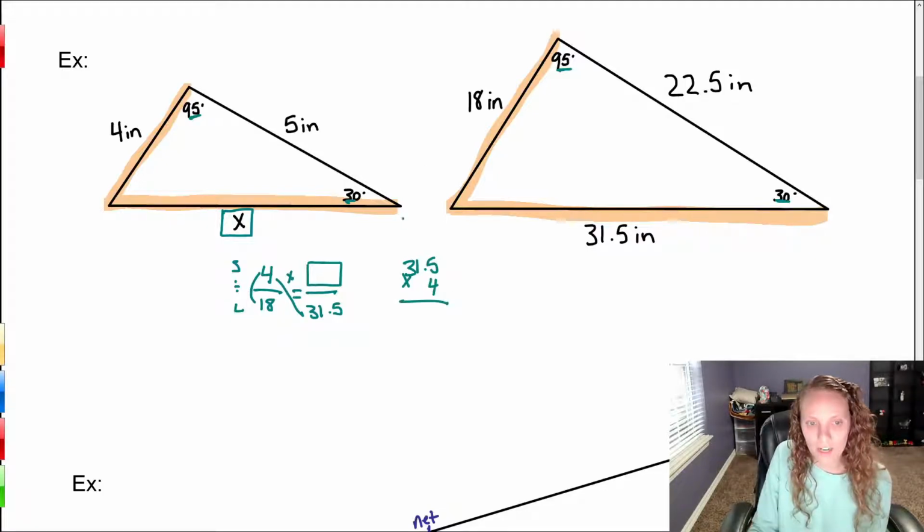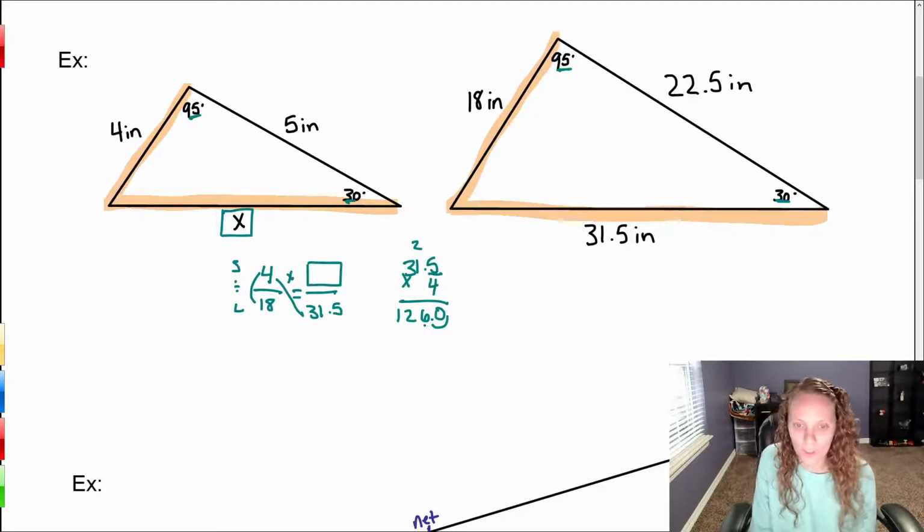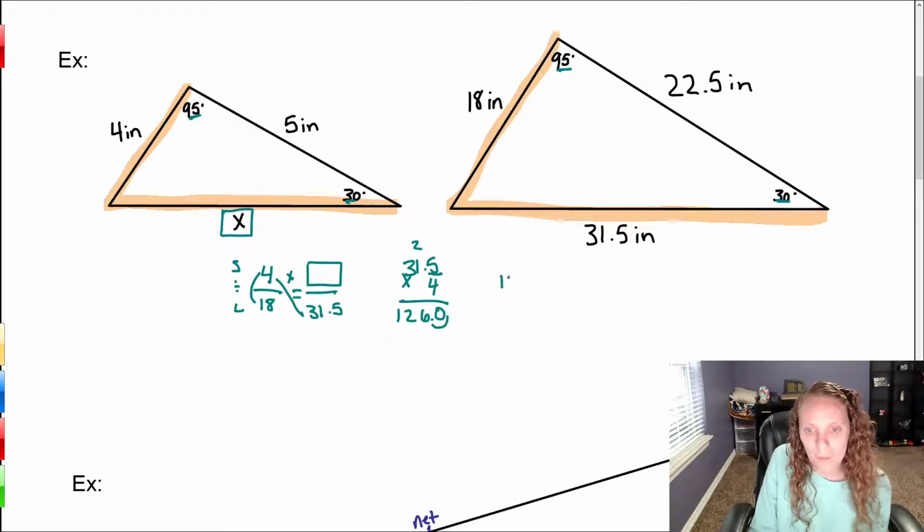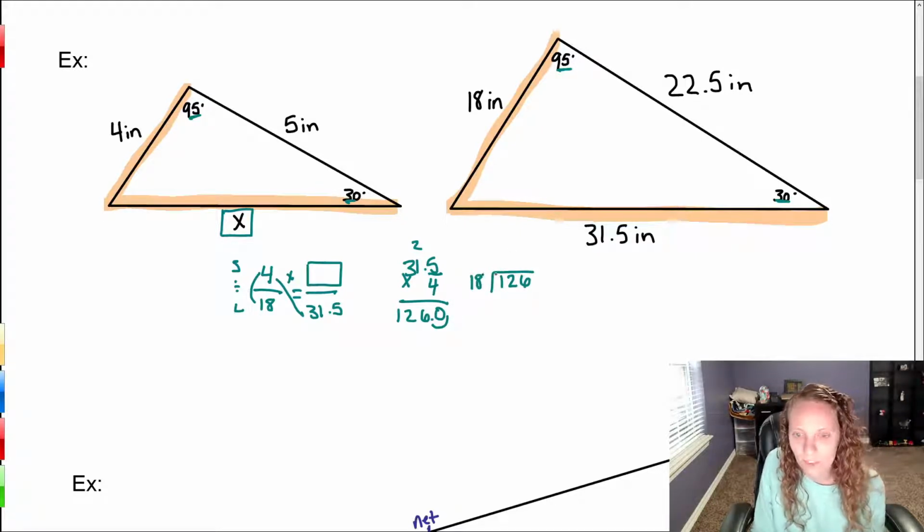So 31.5 times 4 first. And I see one number after the decimal, so we're going to place the decimal one number over, and that's 126. Now we're going to take 126 and divide it by 18.